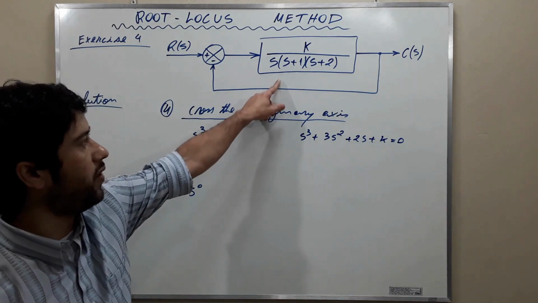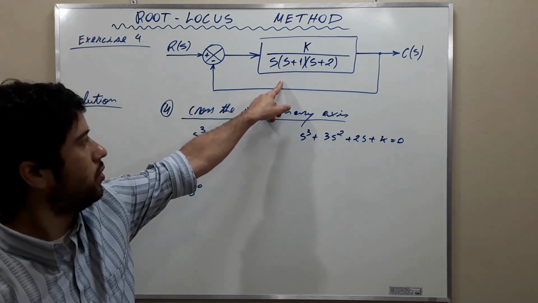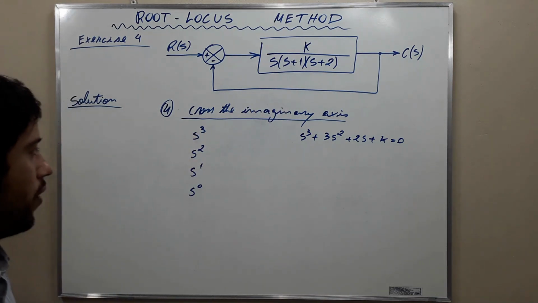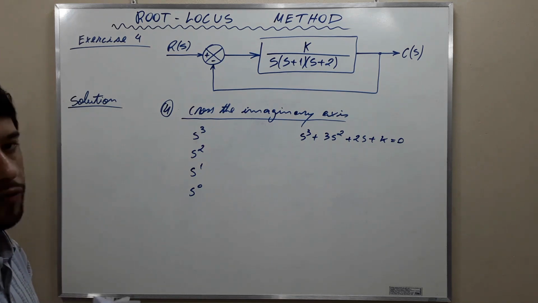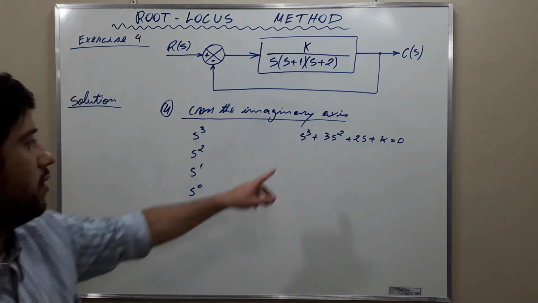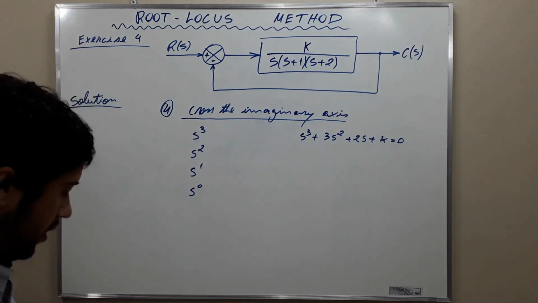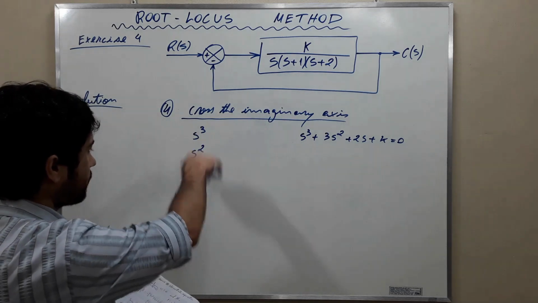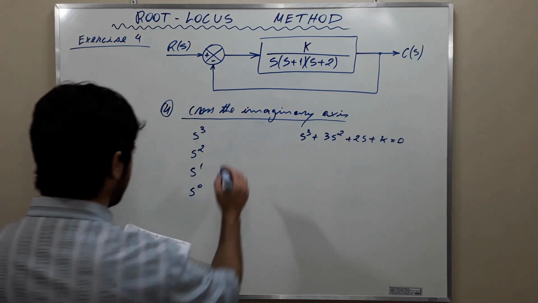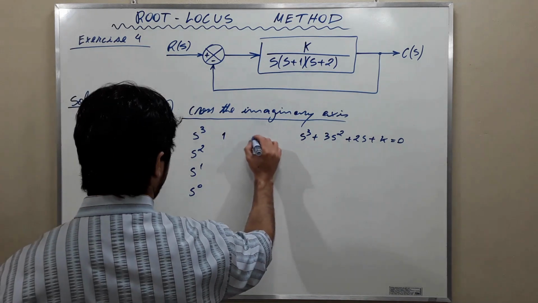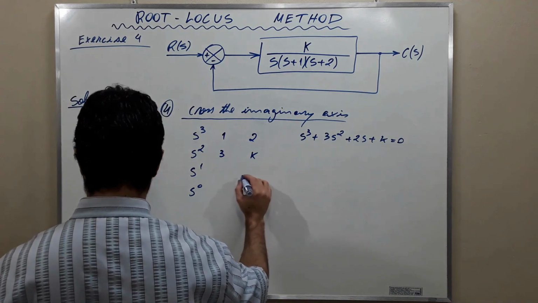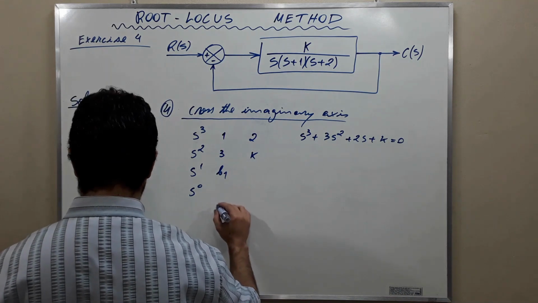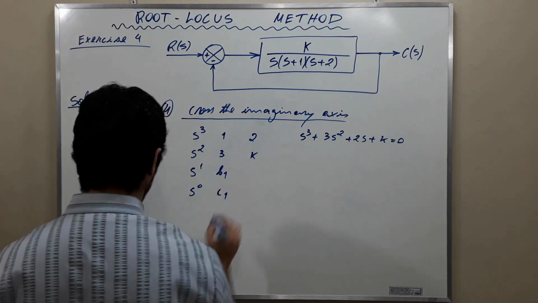It can be easily found by working on this block diagram and finding C of s over R of s. And we're going to fill the array of terms like this: 1, 2, 3, K, B1, and C1.